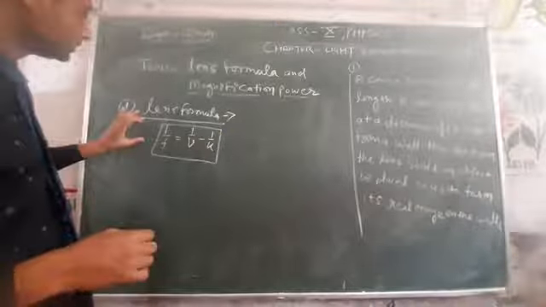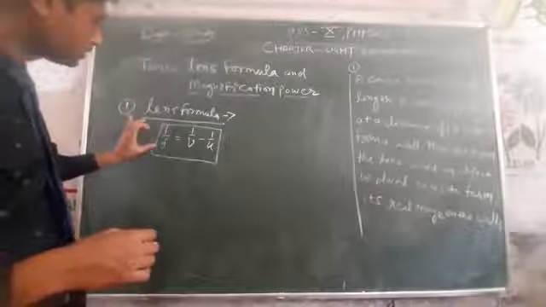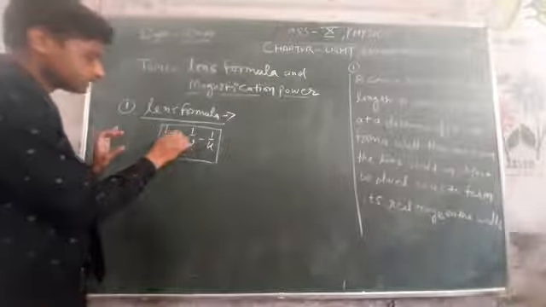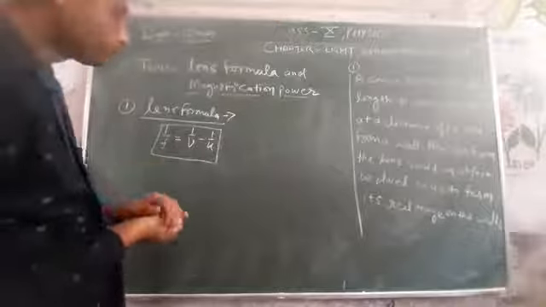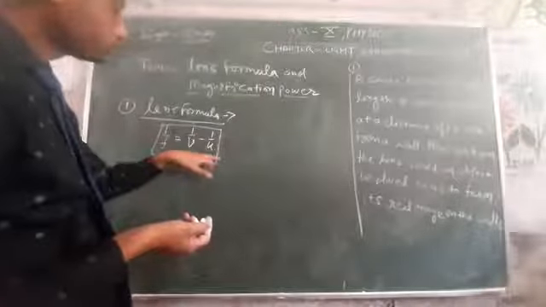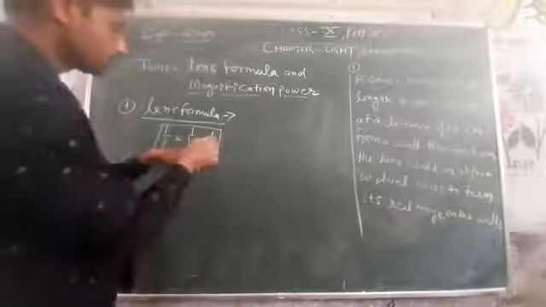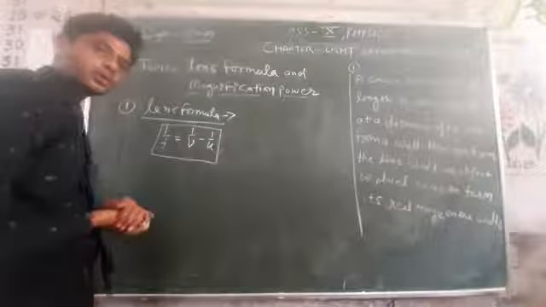It means the reciprocal of focal length is given by the subtraction of the reciprocal of the distance of object from the reciprocal of the distance of image.